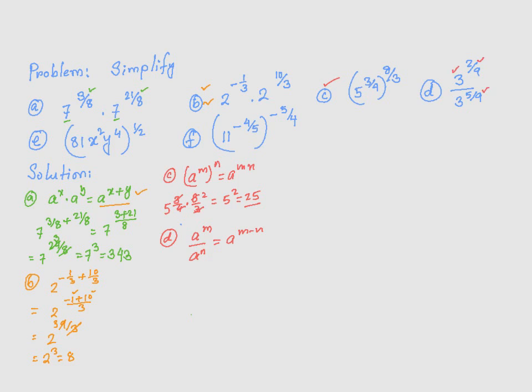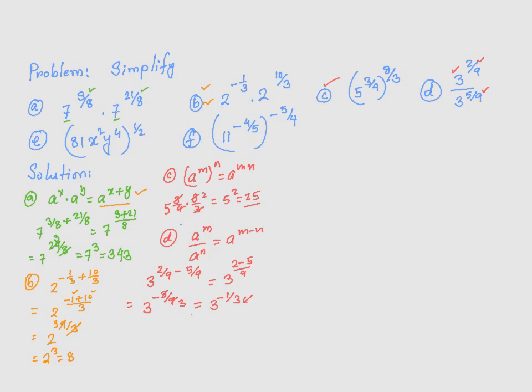So it's going to be 3 to the power 2/9 minus 5/9, which is 3 to the power 2 minus 5 divided by 9. If I simplify it further, it's going to be 3 to the power negative 3 over 9. Now 3 goes into 9 3 times, so that's going to give me 3 to the power negative 1/3.